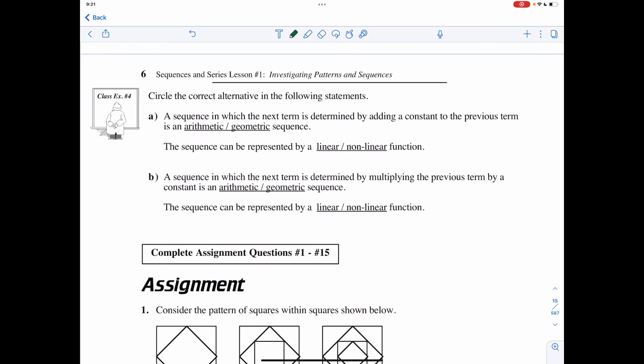So, a sequence in which the next term is determined by adding a constant is arithmetic. This sequence can be represented by a linear function. Anytime that I have a sequence which is determined by multiplying a previous one, it's going to be geometric, and geometrics are always non-linear. All right, go ahead and try some practice with this.